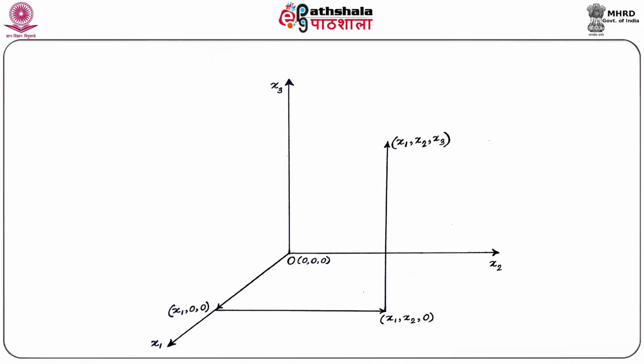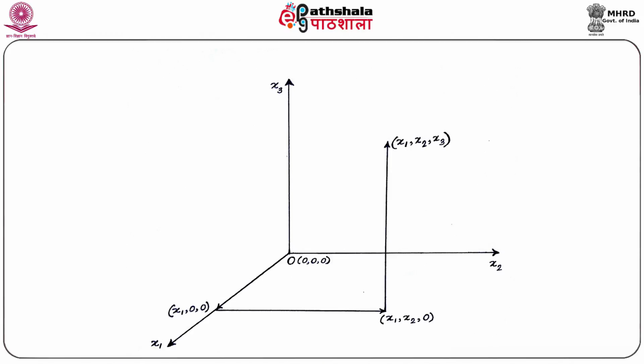With the help of this picture, let us illustrate the case for R 3. U 0 is the 0 vector, that is the origin. Next, U 1 is the vector whose initial point is the origin and terminal point is (x 1, 0, 0). So, obviously, it is parallel to the x 1 axis.